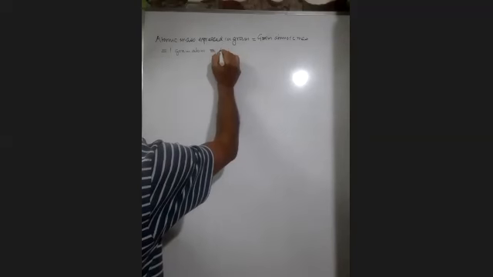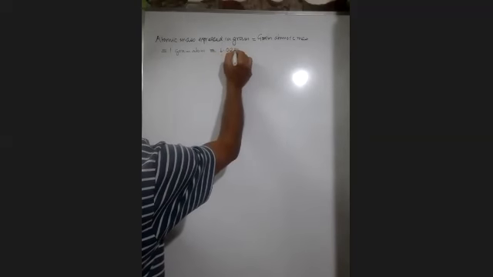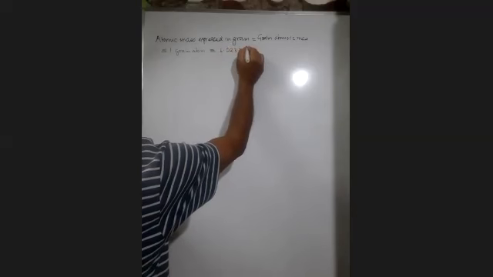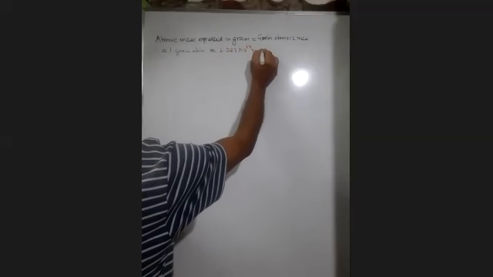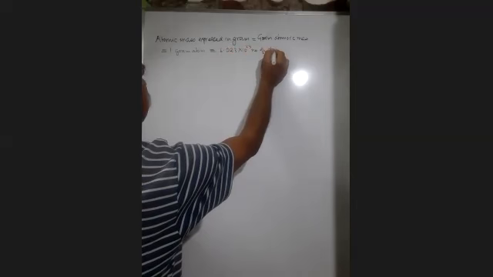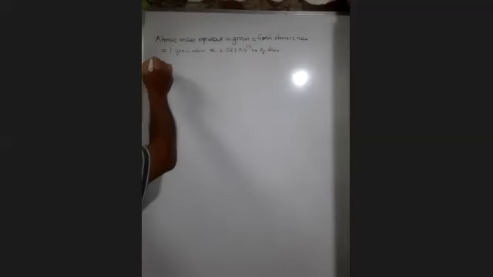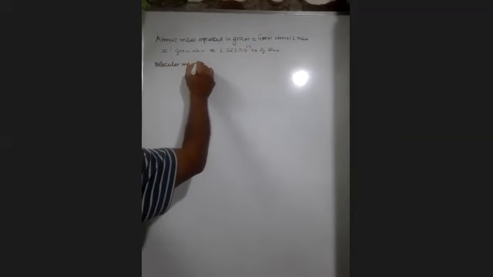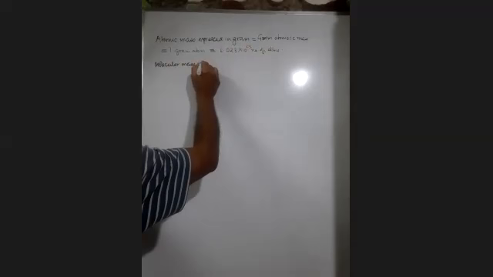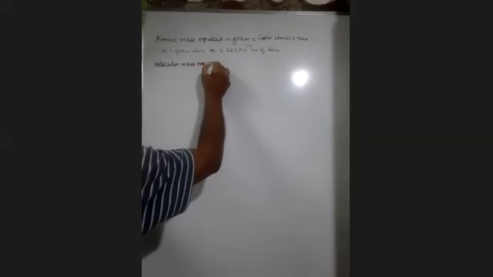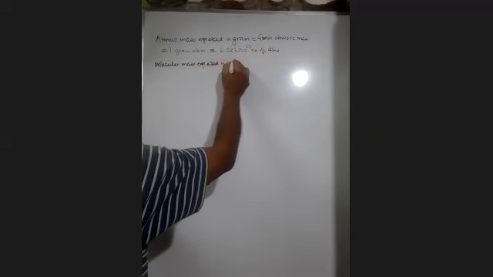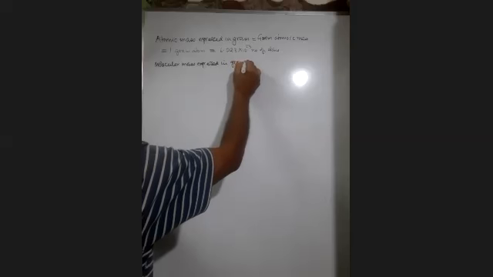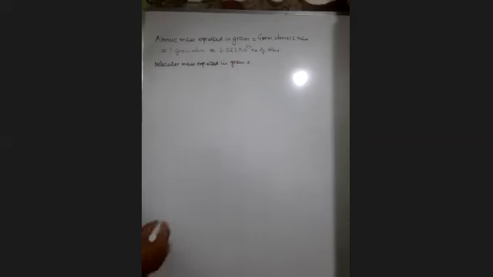It contains 6.023 into 10 to the power 23 number of atoms. Now molecular mass expressed in gram is called gram molecular mass.